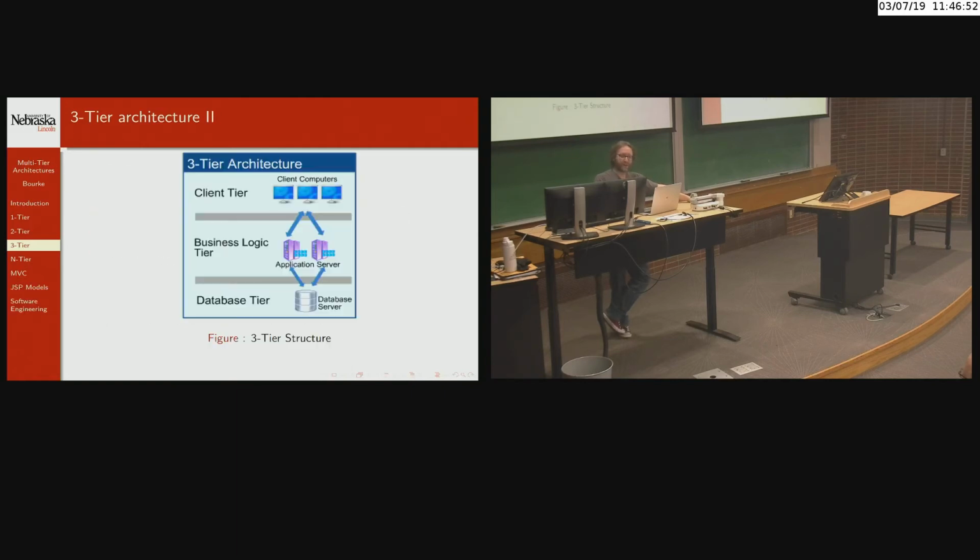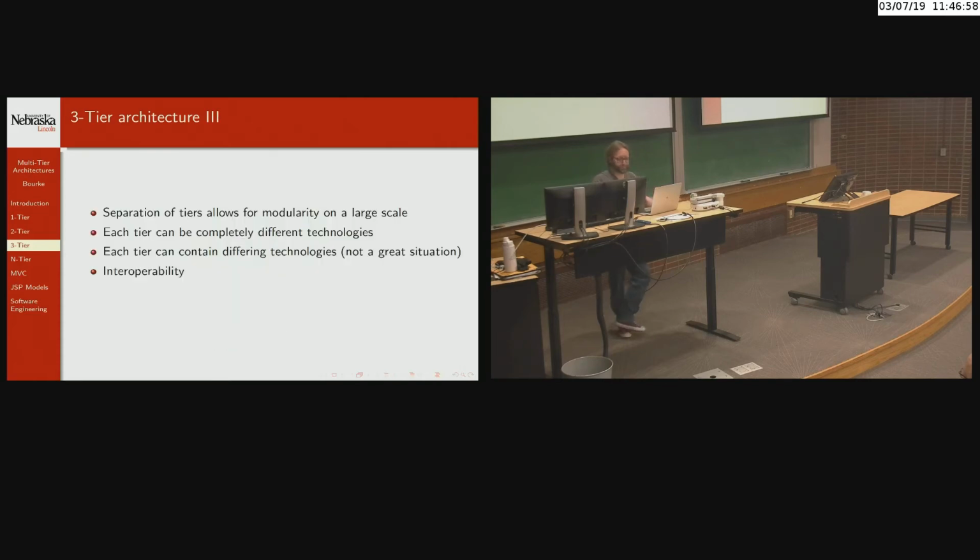So again, a three-tier technology looks like this, where you've got a database, a middle tier, and a client tier. The advantage here is that you can separate these things out. You've got a very, very complex system. If you're able to layer it, each layer itself is not as complicated as before.